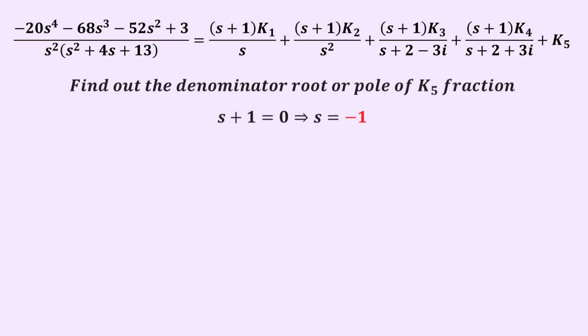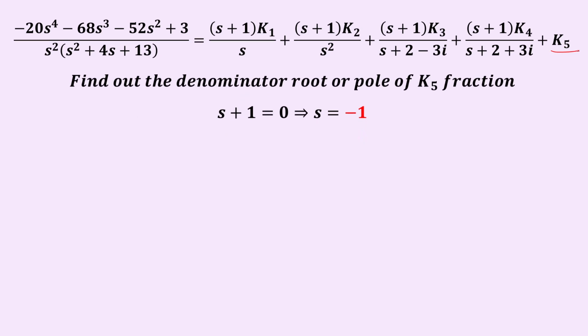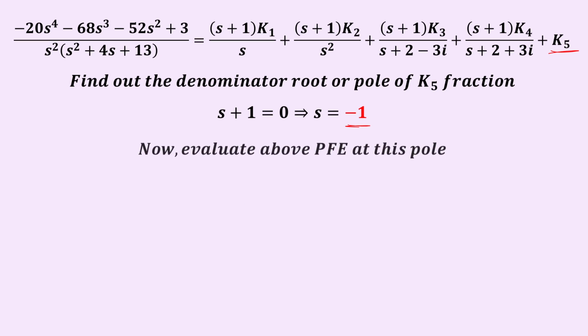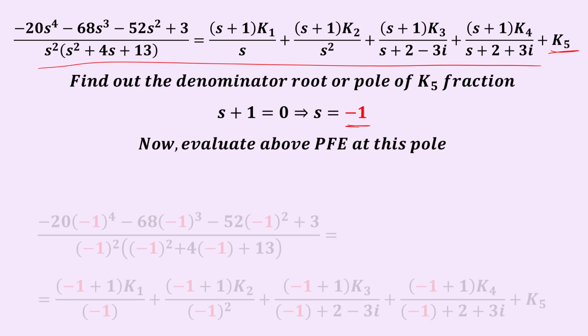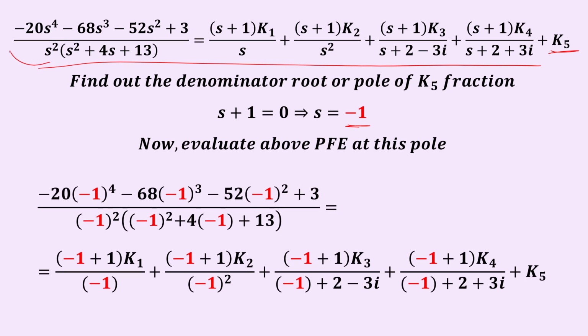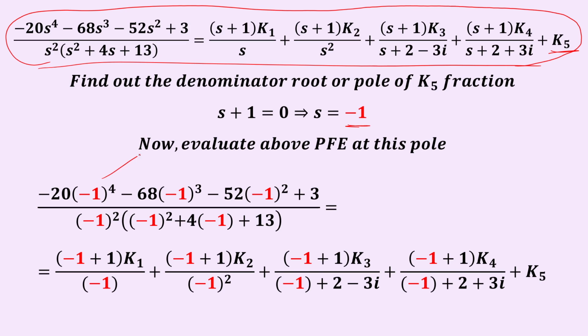In the next step, we have to find the pole of this k5 fraction, which is s equal to -1, and then we have to evaluate this complete equation at this pole value. So this equation will take on the value of s equal to -1 like shown here.